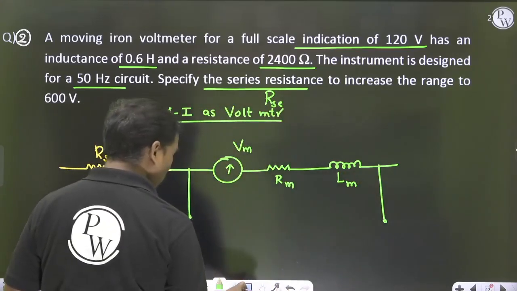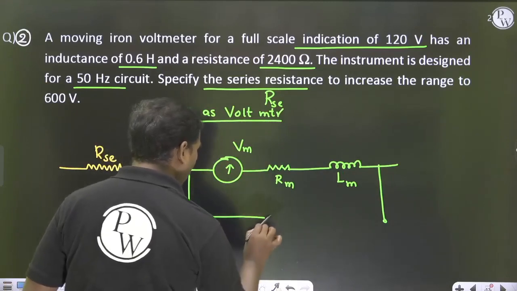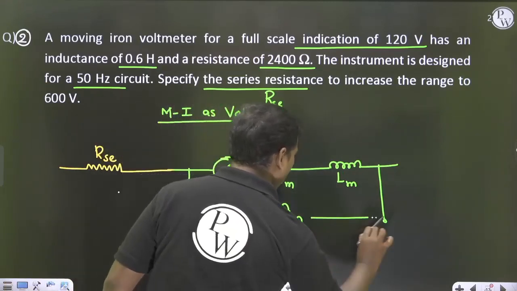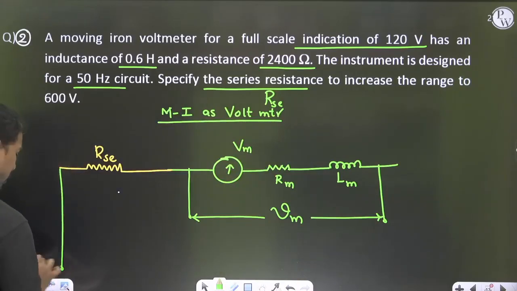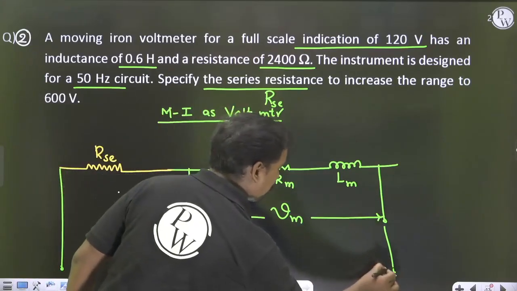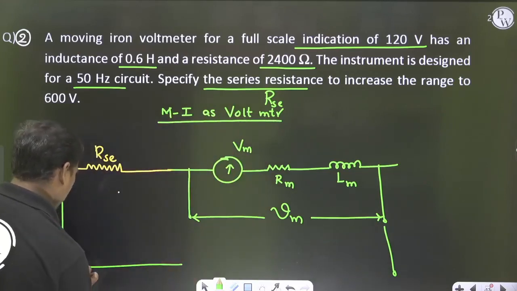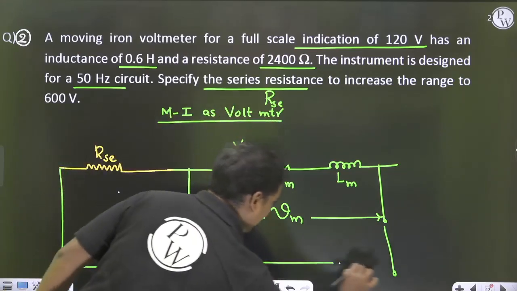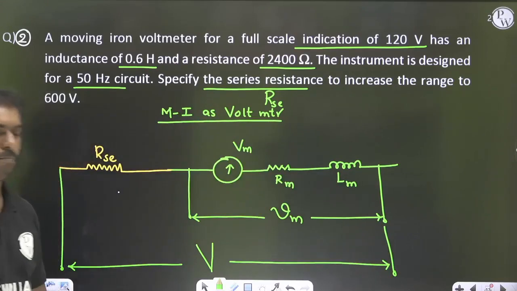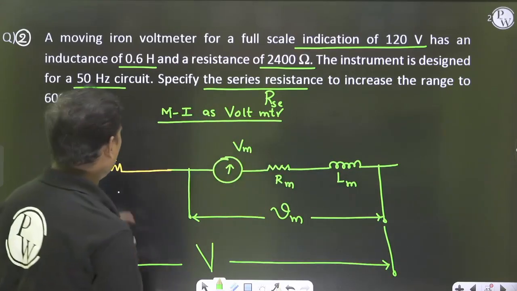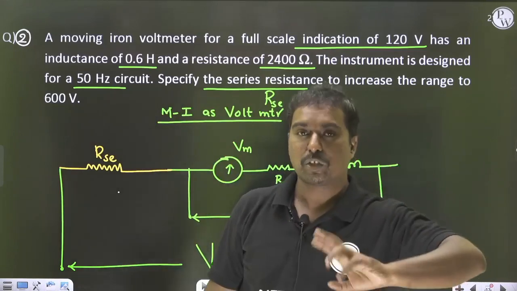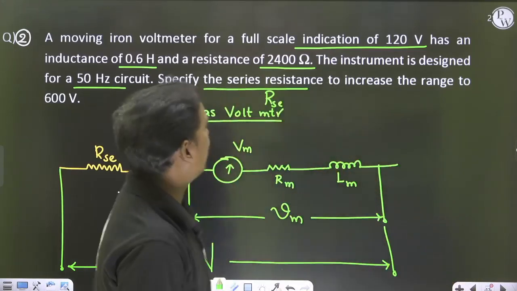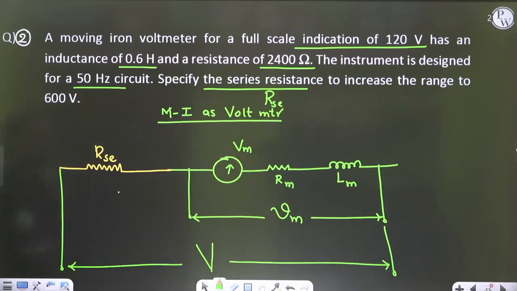So this voltage is nothing but Vm, whereas with the series resistance, the voltage will be, so this is the basic thing you have to understand. That's the diagram. Okay? So what is the series resistance that should be added externally to the moving iron voltmeter so that the voltage range can be extended from 120 volts to 600 volts. This is the diagram.